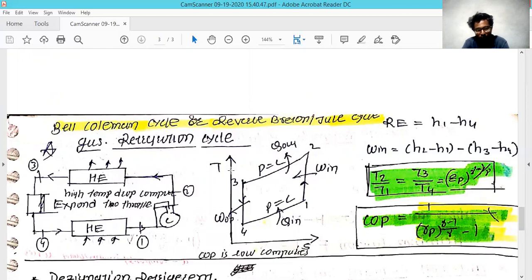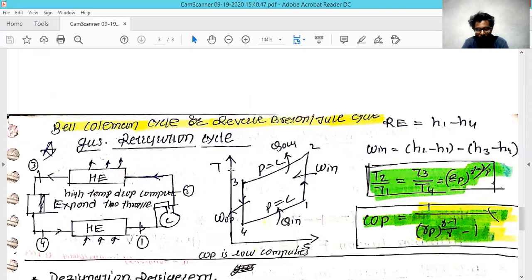And the work input to this cycle is the work you are supplying to the compressor, as well as the work generated from the expansion process. If you subtract the work generated from the expansion process, the work input to this cycle is going to be reduced. And it belongs to the adiabatic condition.